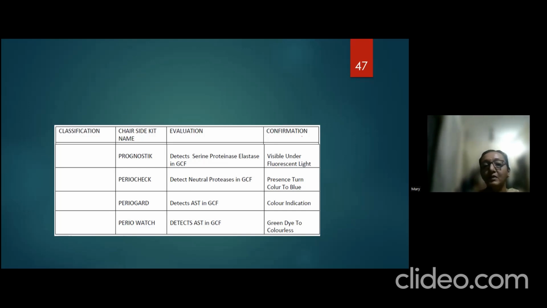So these can be used effectively to educate the patient as well as to diagnose the disease condition, and the extent of the amount of AST is indicated by the change in the color, which in turn helps us to determine the presence or absence of periodontal disease as well as the extent to which the disease is present in the patient.